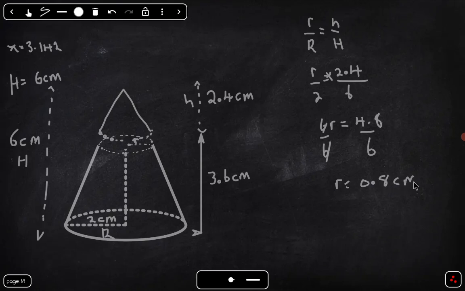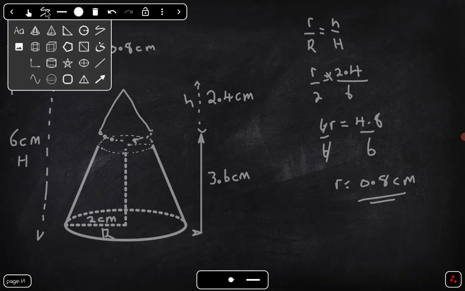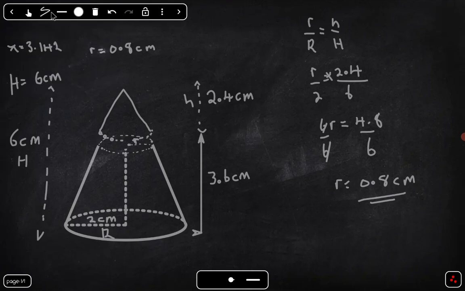Which makes sense, because if the bigger radius is 2 centimeters, it makes sense the small radius would be smaller. This is how we are supposed to answer this question. So we know that the small radius in this case is 0.8 centimeters.